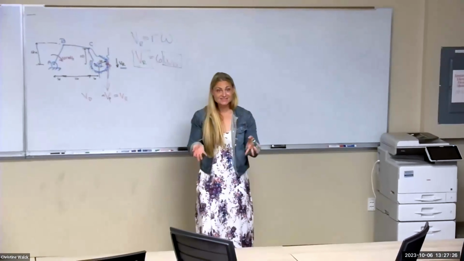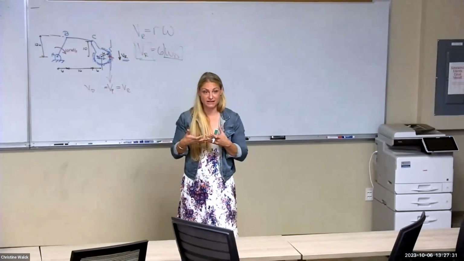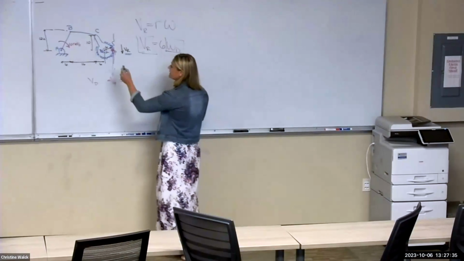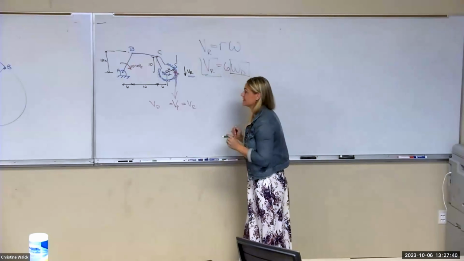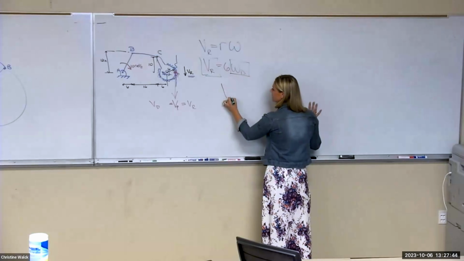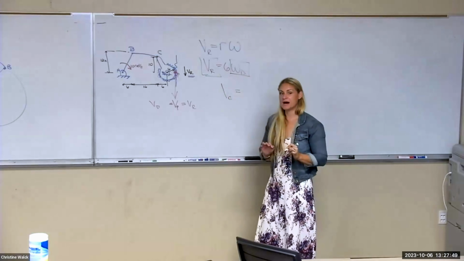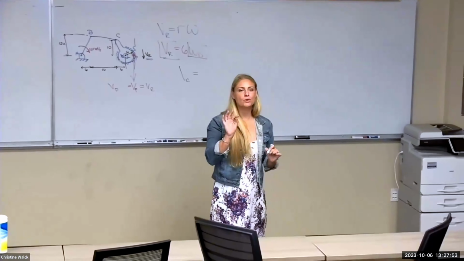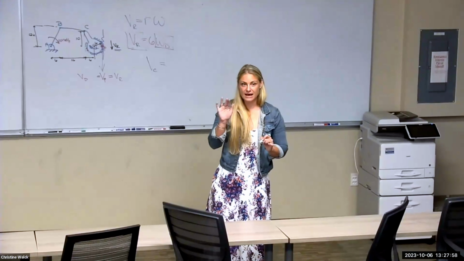Well, lucky for us, point D is also on the rigid body DC. So that means I can compare points D and C. So why don't we do that? The velocity of C equals, now, the rigid body CD is undergoing what type of motion? Pure rotation about a fixed axis, where D is the axis.